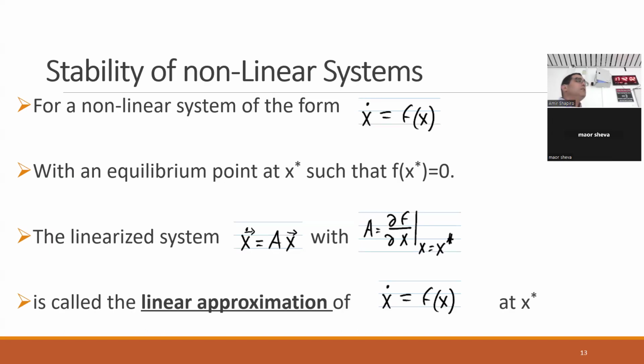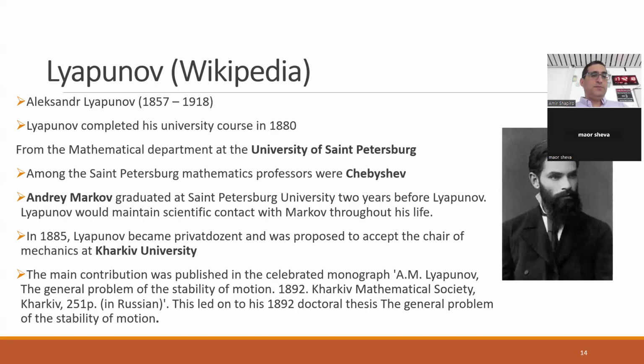So now we want to discuss stability of the nonlinear system. And the one that dealt with the stability of nonlinear systems was called Lyapunov. He is a Russian mathematician, I think.